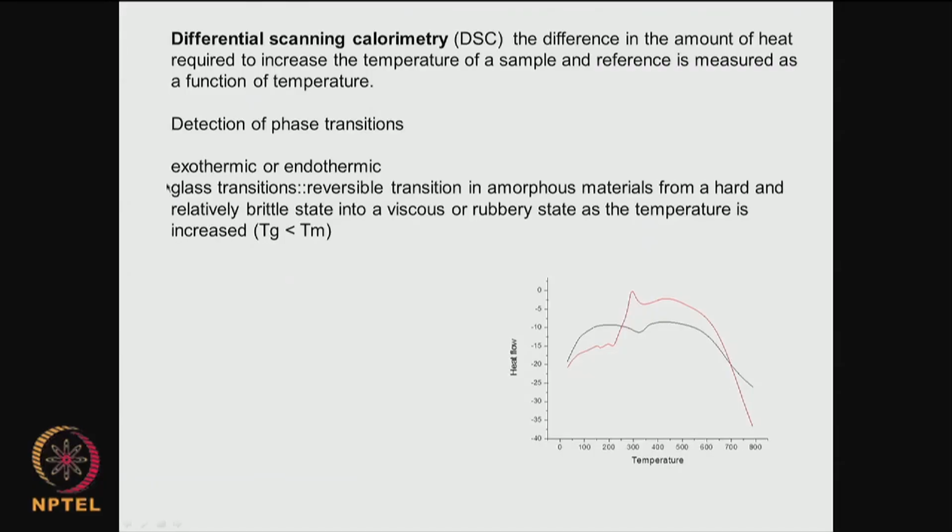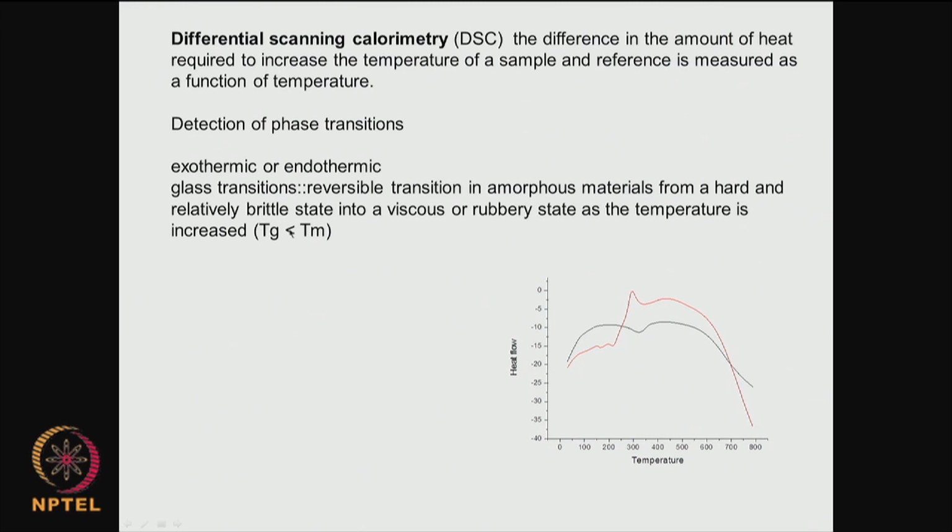So, we can measure something called glass transition, which is especially exhibited by polymers. This is a reversible transition in amorphous material from a hard, relatively brittle state into a viscous or rubbery state as the temperature is increased. Tm is the melting temperature, Tg is called the glass transition temperature.